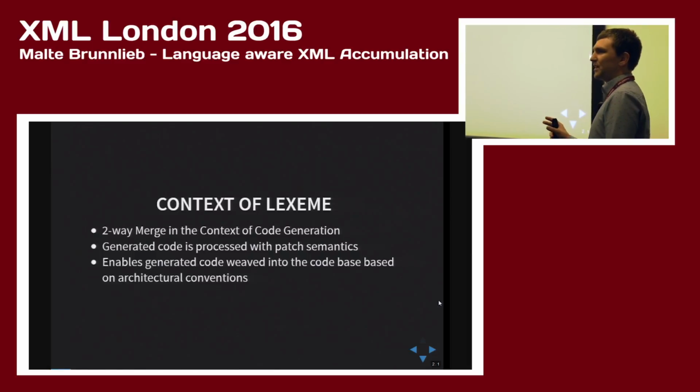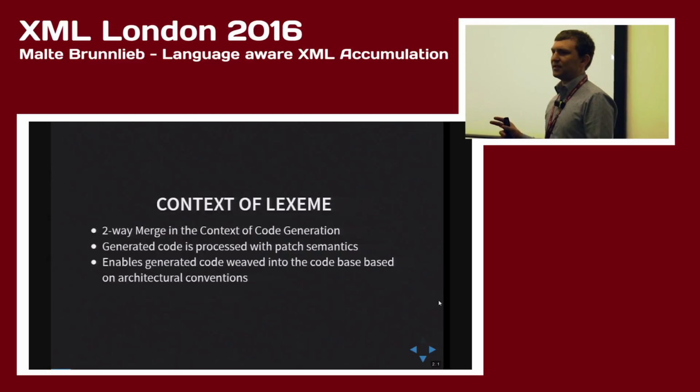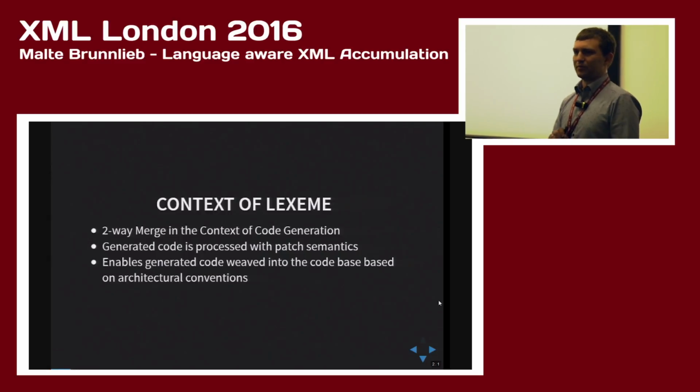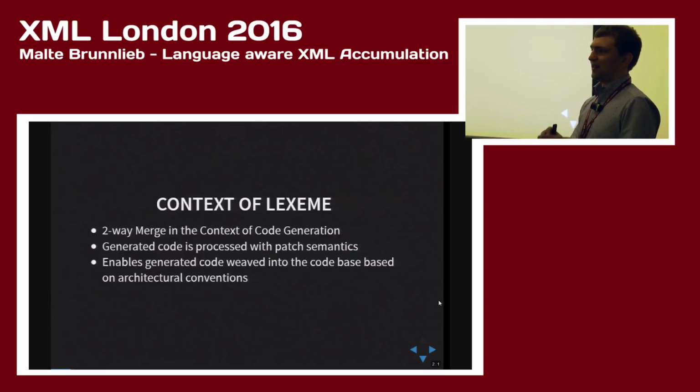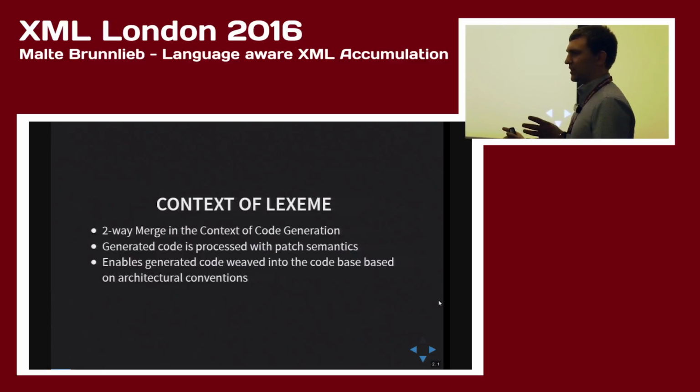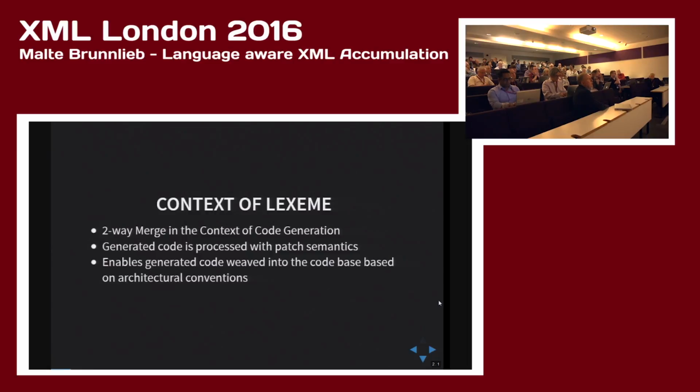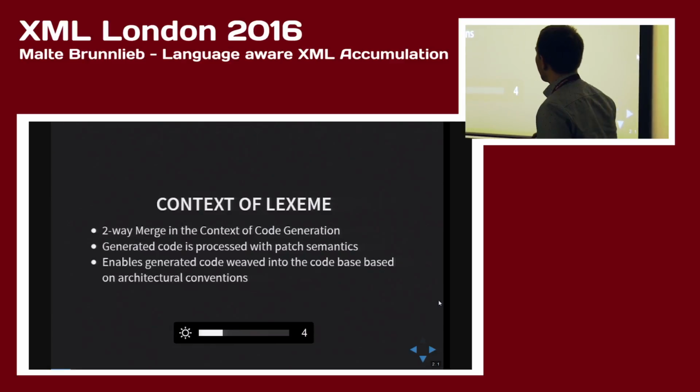However, the patch document does not have any metadata about deletions, insertions, and so on. It's just an XML document, and it should be integrated. So we have two documents of the equal language we want to integrate.